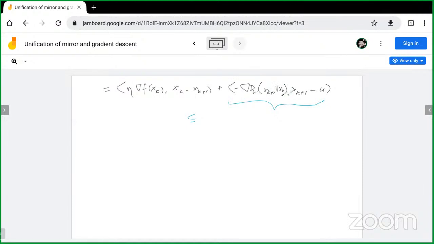Now I know by triangle inequality that this quantity is in fact at most D_U of xk minus D_U of xk plus 1. So I think I've switched it once again.